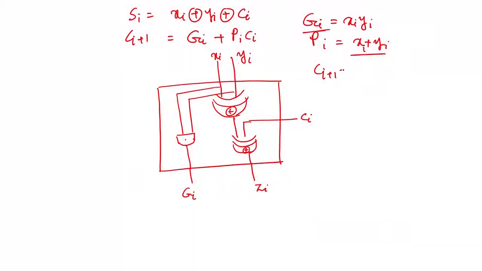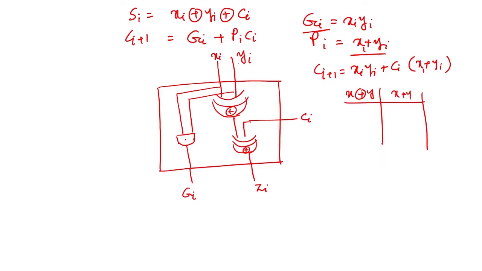So, what we computed: C I plus 1 equals x I y I plus C I into x plus y. Now, if you see x I exclusive-OR y I and x plus y. Okay.